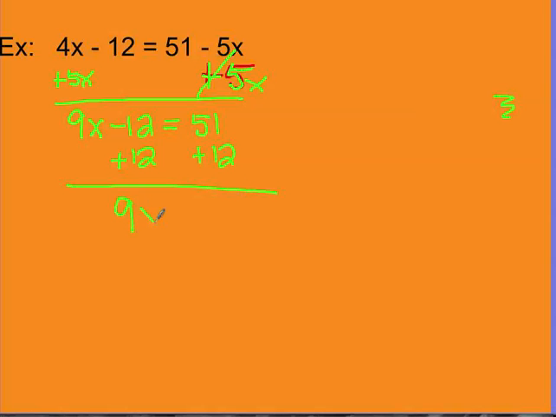Okay, so I get 9x equals 63. My next step is going to be to divide both sides by 9. All right, so my final answer, 63 divided by 9, I should get 7.